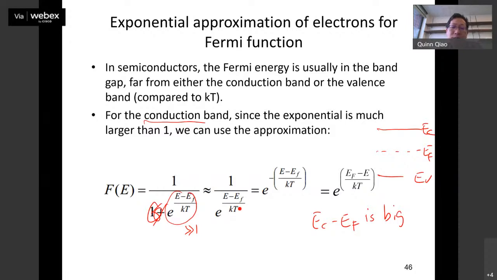You can take the opposite, e to the power of minus that, which takes the negative inside, giving (EF minus E). This is the lowercase f. This is the equation to calculate the conduction band electron density.